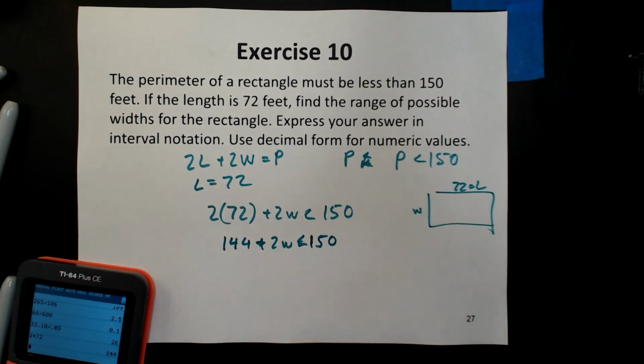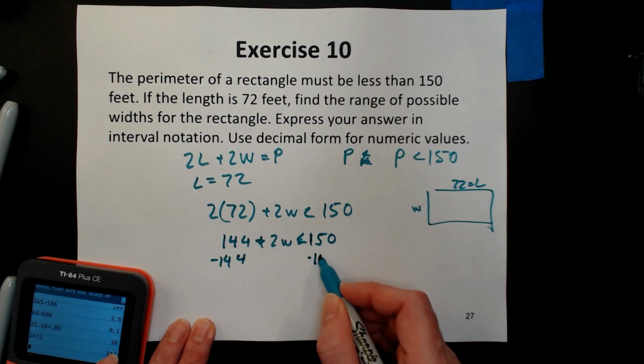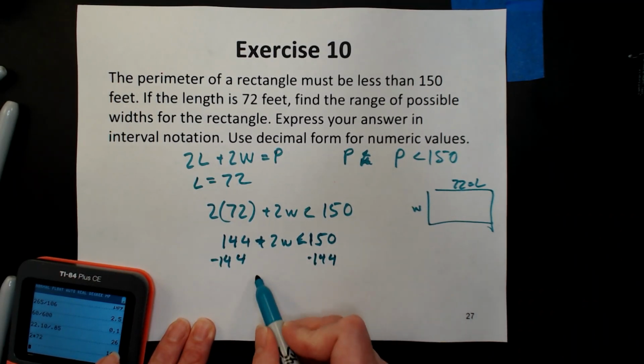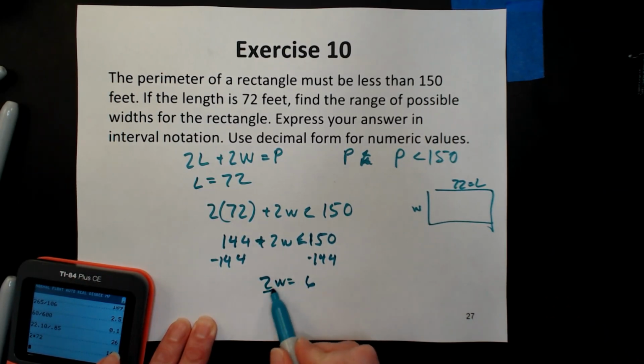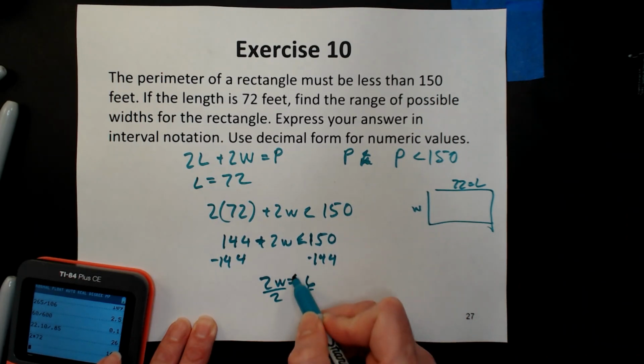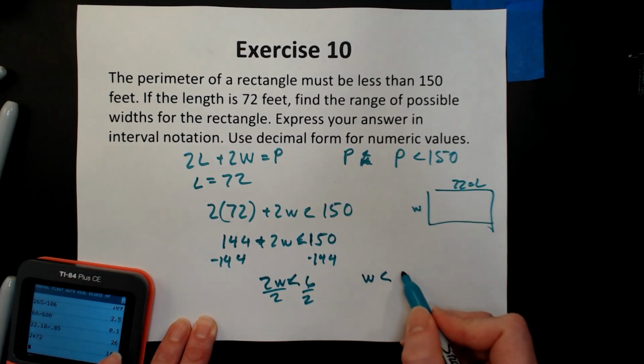Then we subtract 144 from both sides, and that gives you 2w is less than 6. So divide both sides by 2. This is still less than, and this is going to be w is less than 3.